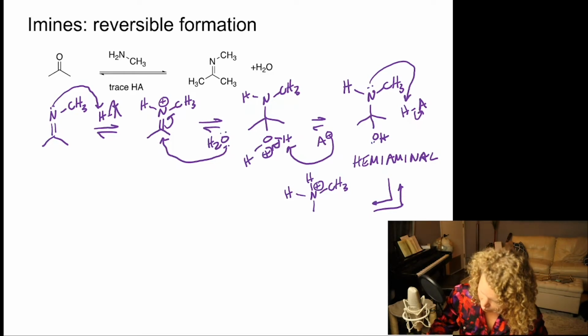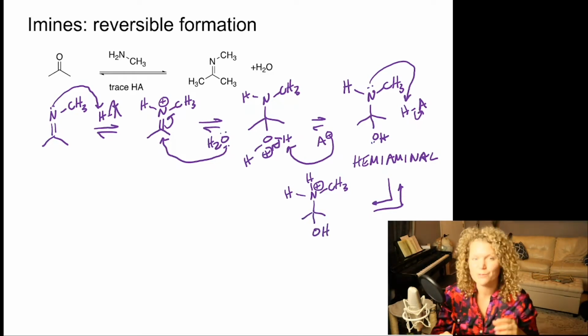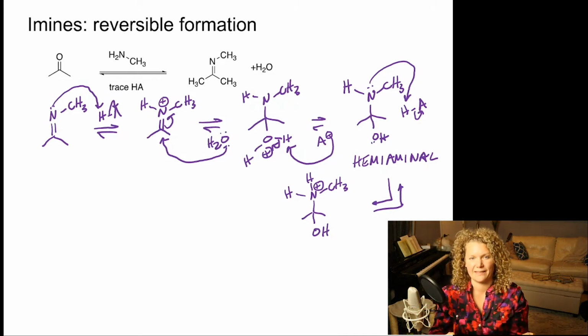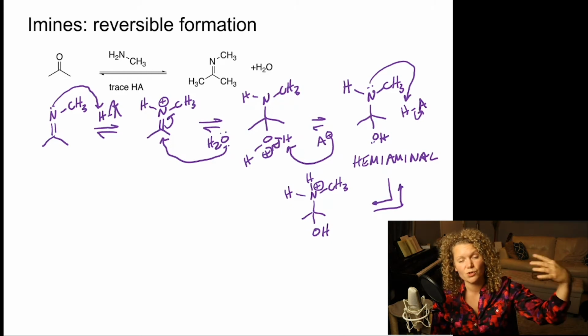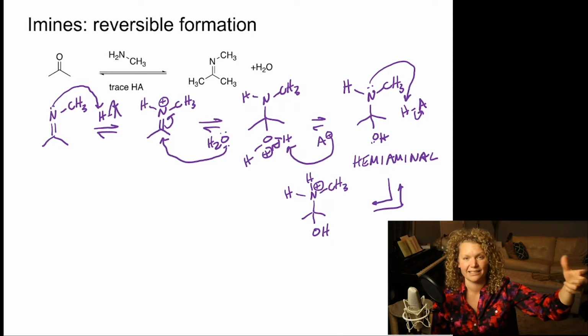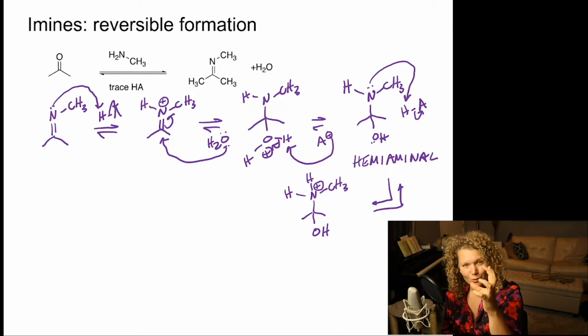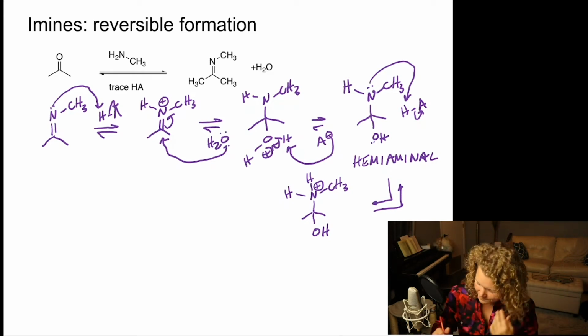Notice here, when we have acidic conditions, our leaving groups are always neutral after they leave. We typically protonate them. Now, under basic conditions, we can have an anion leave. Under acidic conditions, you should only be having neutral compounds leaving.